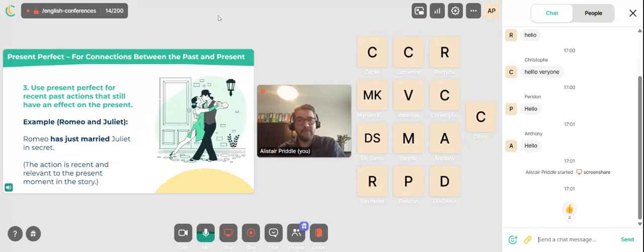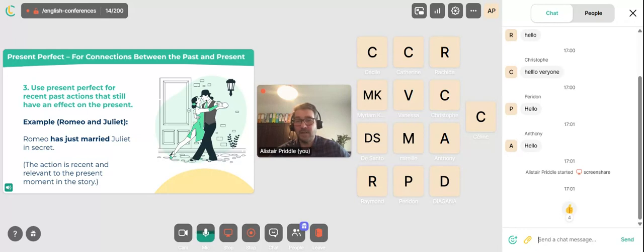Okay, well, let's have a look at a third use of the present perfect. To use the present perfect for recent past actions that still have an effect on the present. Our example relates to Romeo and Juliet.